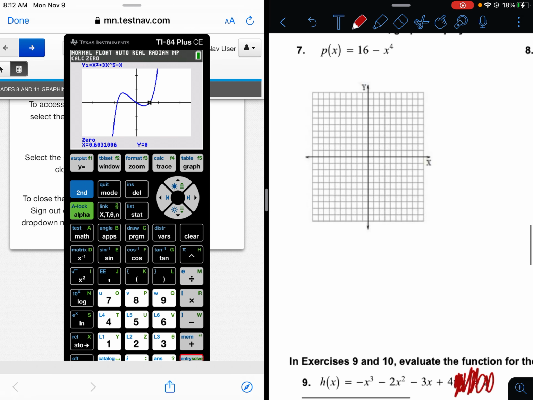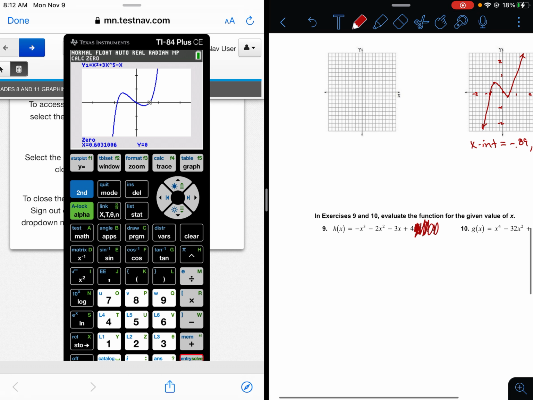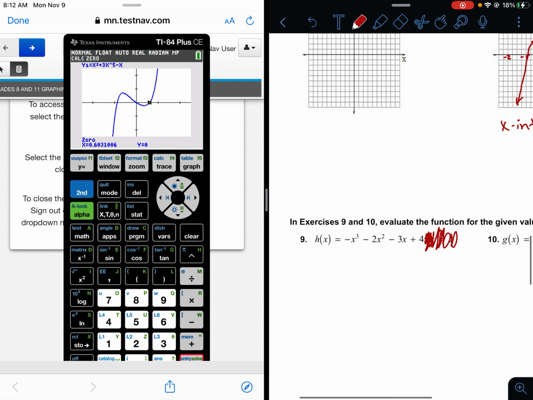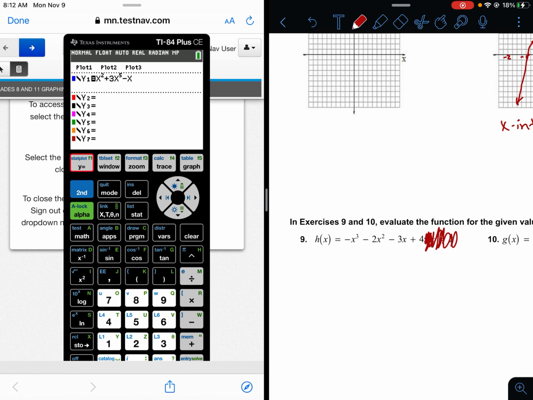I know we're going all over the place with these notes, but I'm trying to be concise here. So I have negative x to the third minus 2x squared minus 3x plus 4.